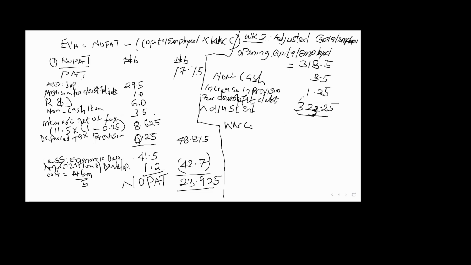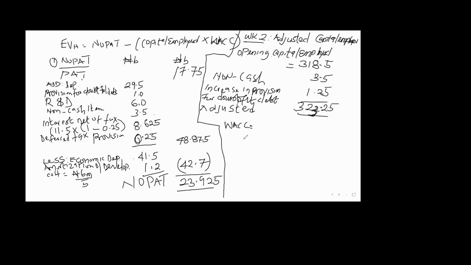You match revenue with the cost. Instead of taking the 6 million at once, you spread it over 5 years. Each year you generate revenue. Assuming we are doing 2021 now, we are going to generate revenue, then we introduce the cost of 1.2, amortization of development cost. But you are not going to take it to capital employed, please.